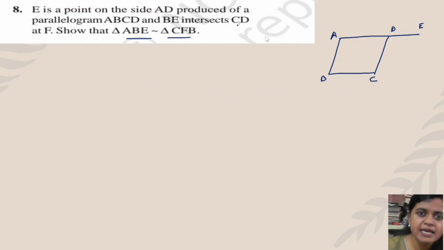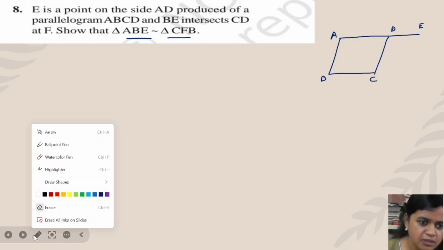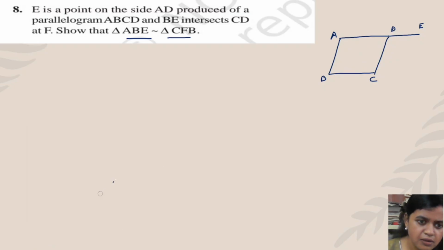If I produce it, you can write here this is E. And BE intersects CD, means we have to join BE like that. This is not a perfect figure, so you can draw it by scale.